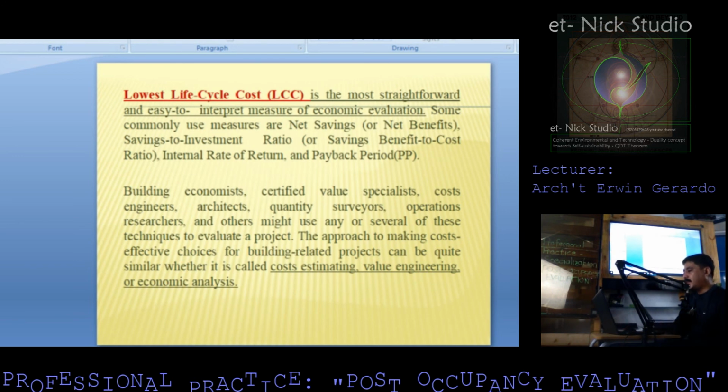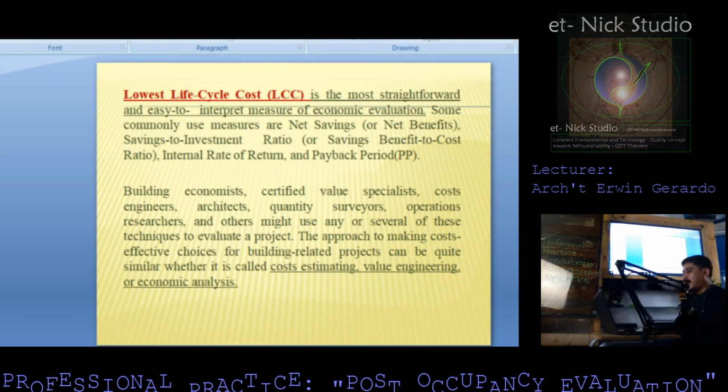Lowest life cycle cost is the most straightforward and easy to interpret measure of economic evaluation. Some commonly used measures are net savings or net benefits, savings to investment ratio or benefit to cost ratio, internal rate of return, and payback period.